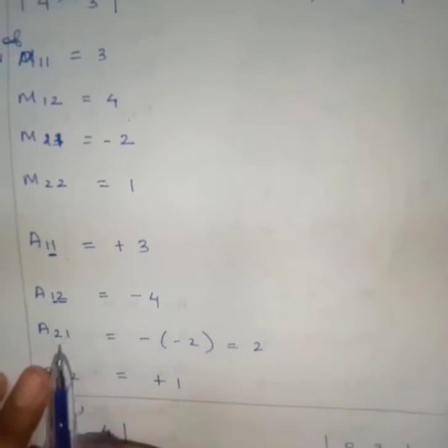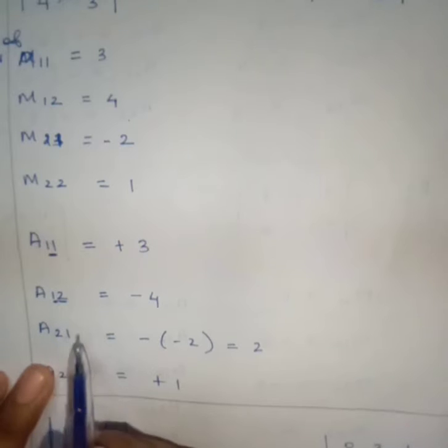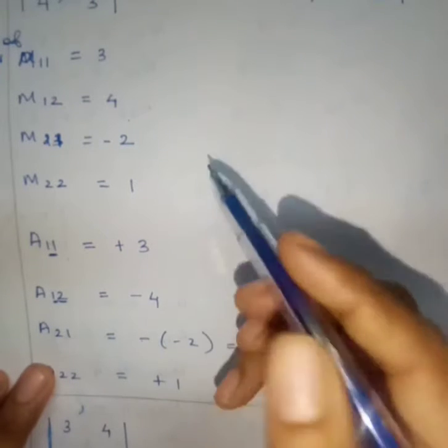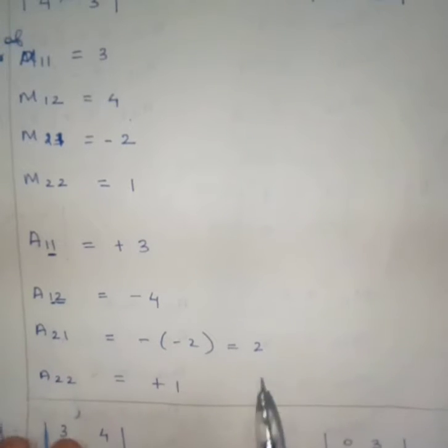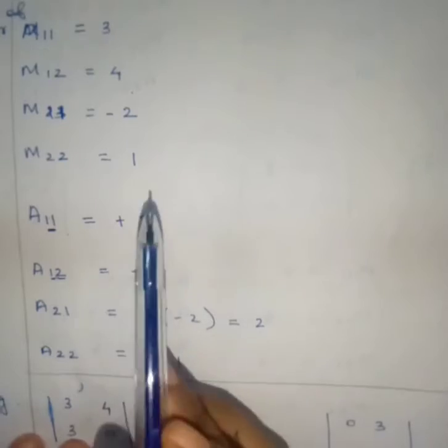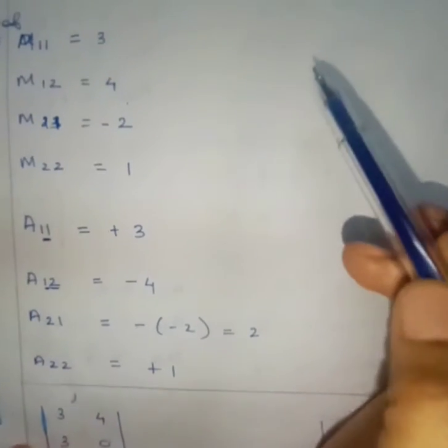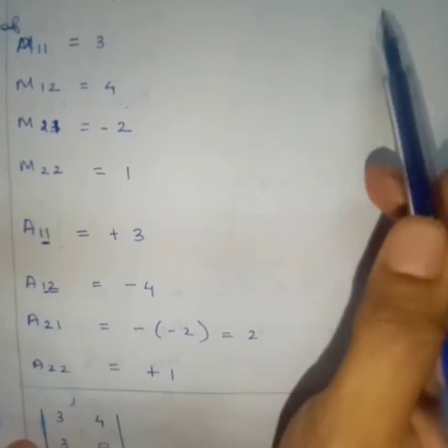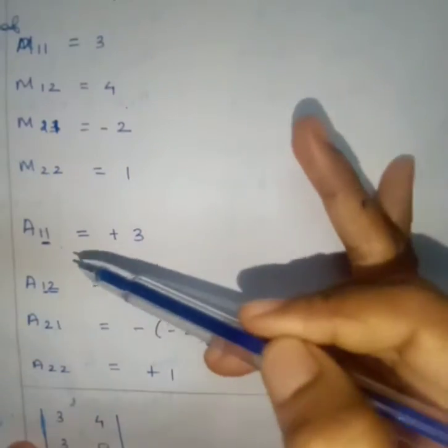The next 2 1 is 3, it's also an odd number, so one negative should come. Already you have one minus 2, so minus minus will become plus 2, right? Next A22, it's an even number, so positive value 1. So for minor, you first interchange and directly write the values. For cofactor, you should check the sign.